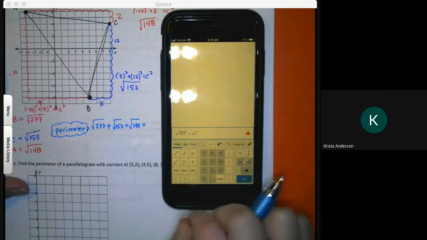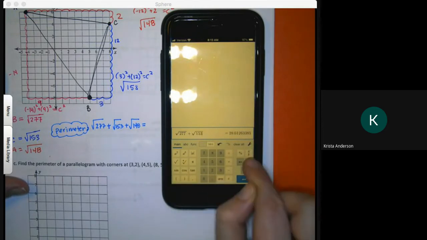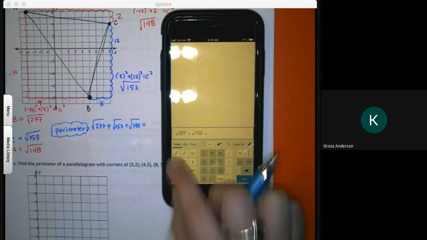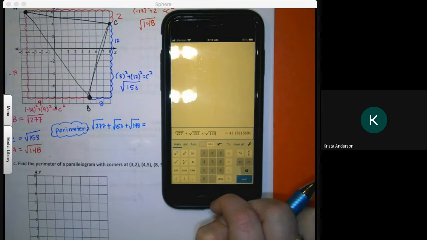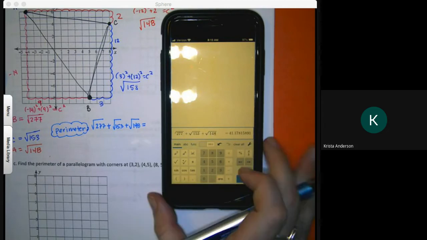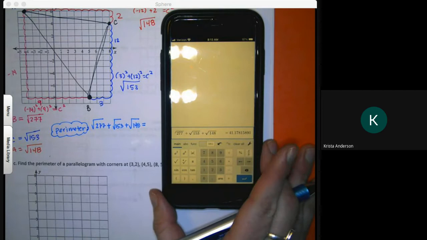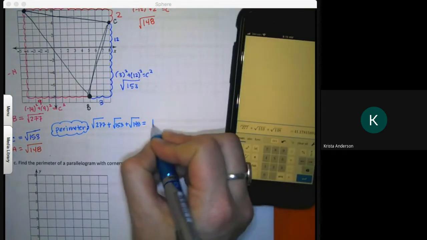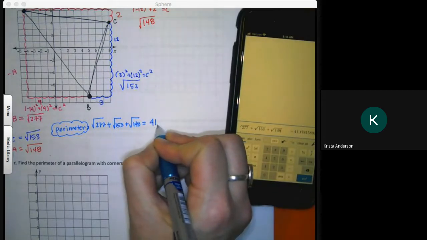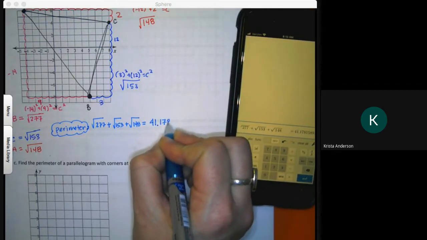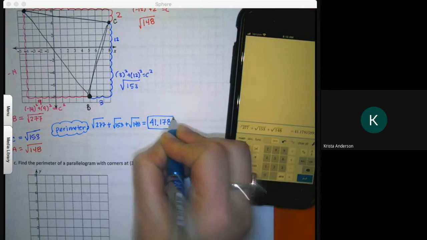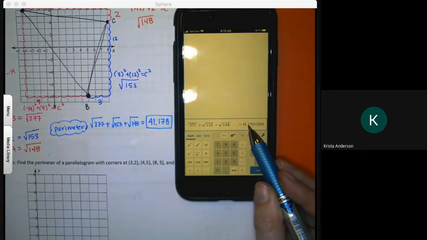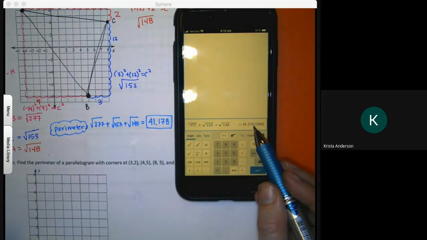Oh, we have to have it square rooted. Uh-huh. Yep, we're adding up all the square roots. The total is 41.178. On your homework, it's not picky about your rounding. 41 point, I'm just gonna put 178. 41.178. The 8 would not round up because of the 1 after it.